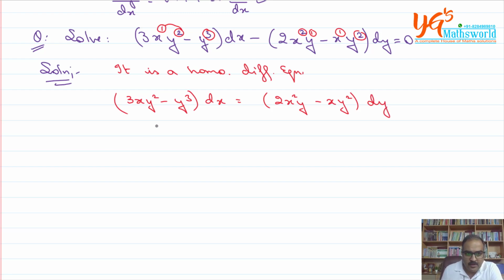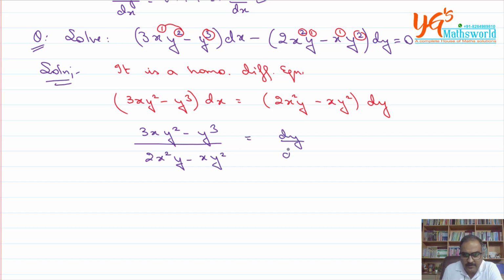Now I need to write it in the form of dy by dx. So 3xy square minus y cube divided by 2x square y minus xy square is equal to dy by dx. What I did, I took this part to the denominator and dx on the other side.